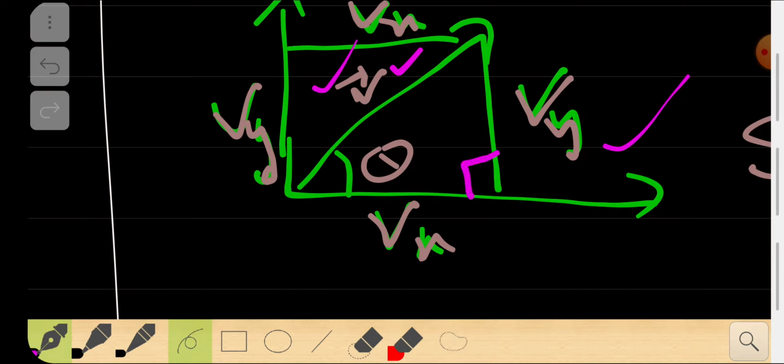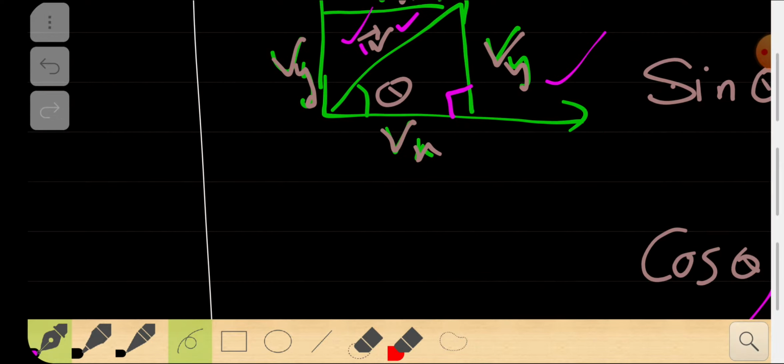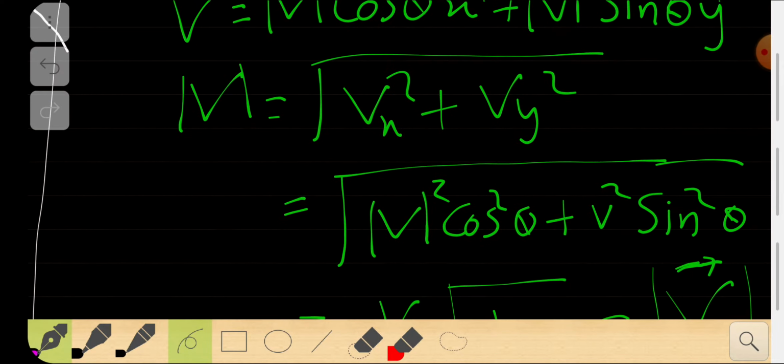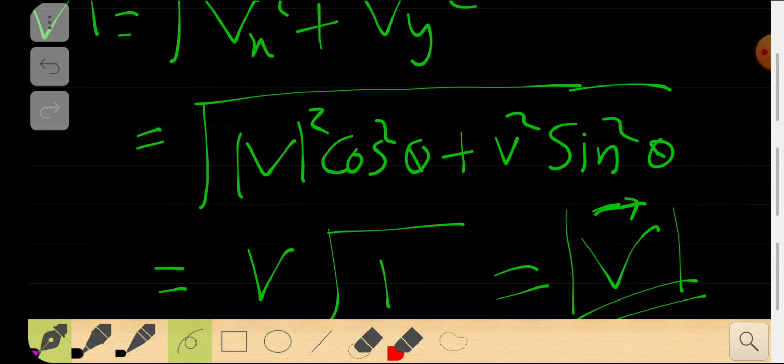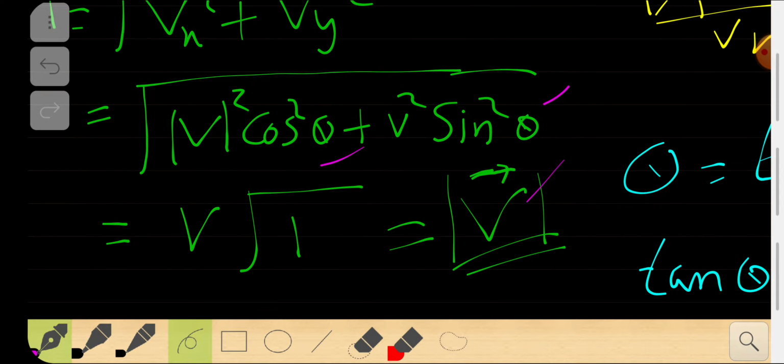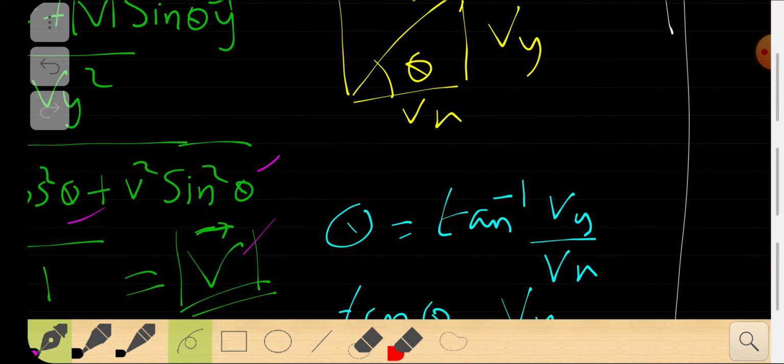If you apply the Pythagoras theorem, the magnitude of V will be the square root of Vy square plus Vx square. So when you substitute that back into this equation, you get V. It's a reverse check which I have done for fun, so there is no actual reason for that.